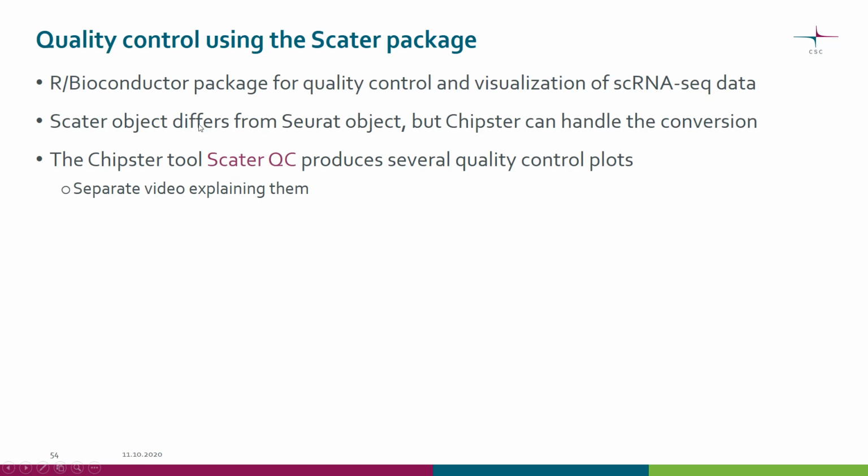The R object that we discussed so far was a Seurat object. Now we have a scater object, and they are different, but you can give a Seurat object to scater tools in Chipster because Chipster takes care of the conversion behind the scenes. So there is a tool, Scater QC, in Chipster. It produces many different kinds of quality plots, and there's a separate video explaining how to interpret them.